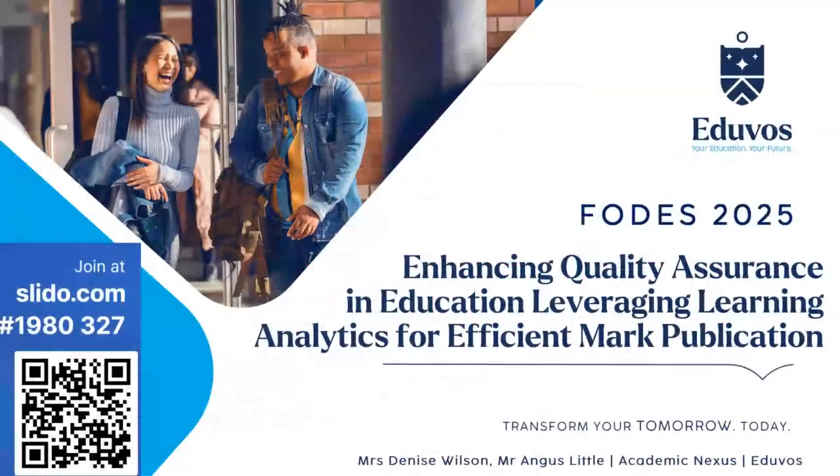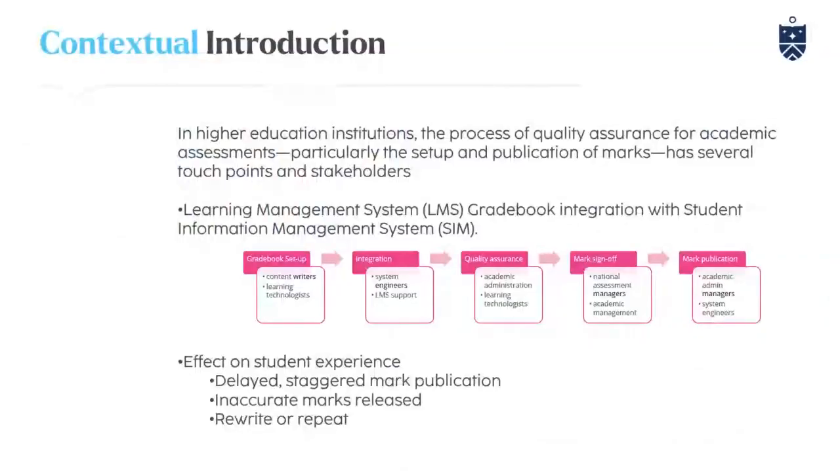So for our contextual introduction, we can give an overview of the complexity that higher education institutions face when it comes to processes in academic operations. The process we will be focusing on is setting up and publishing marks for students, and the touch points that make this a very complicated process to manage.